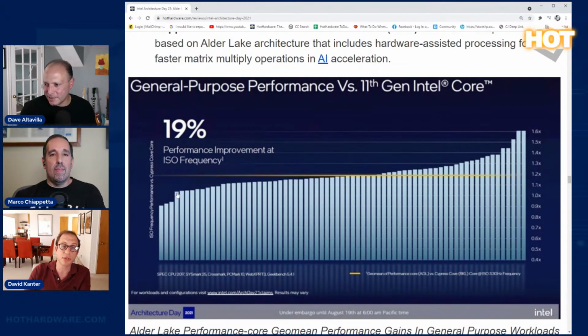I don't know if we have enough detail about Golden Cove to identify the exact ways in which you might lose performance. But my intuition is that maybe the latency bumped up a little bit in order to go deeper and wider, and you just happen to be banging on that one bottleneck on a couple of these workloads.